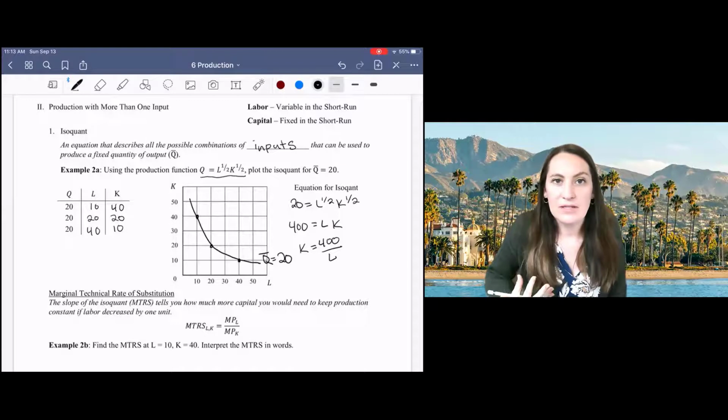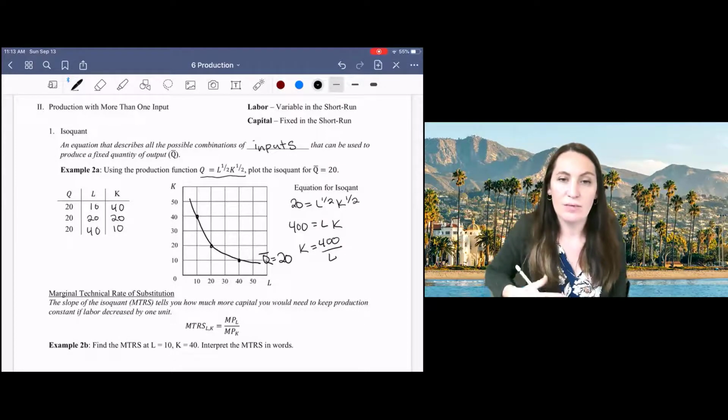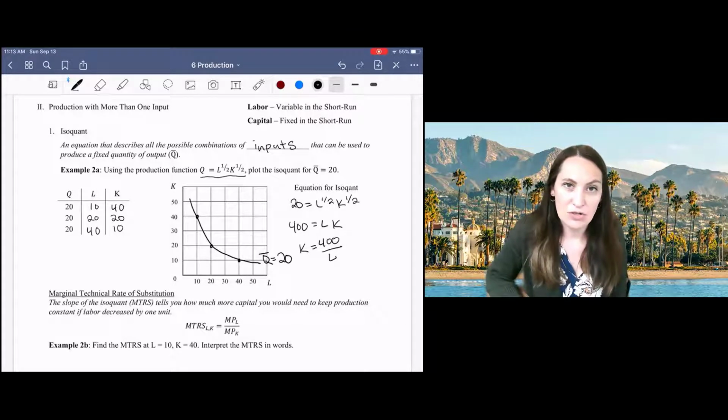Just like when we talked about indifference curves using our utility function, when we're thinking about our isoquants, we want to think about the slope of the isoquant, and its name is the marginal technical rate of substitution. The marginal technical rate of substitution tells me how much capital I would need to replace 1 unit of labor, maintaining a constant level of production.